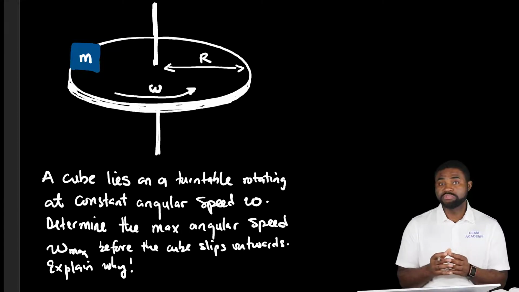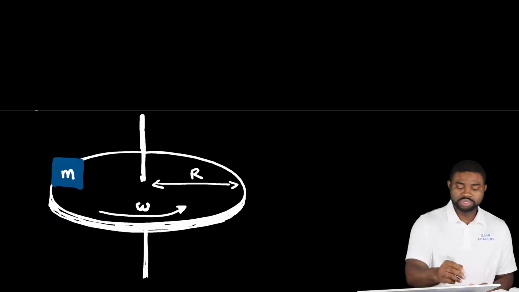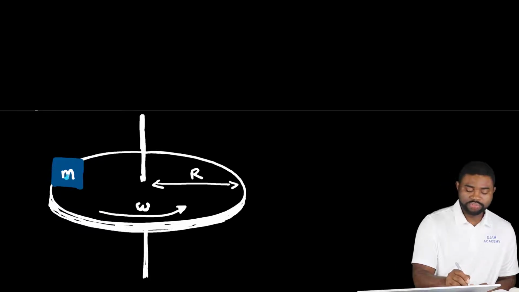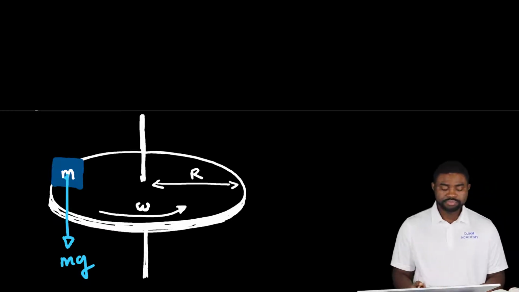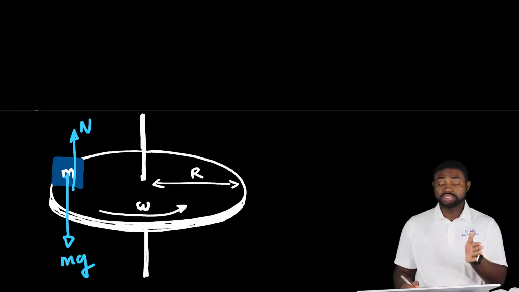So the question that should be in your mind is, what then provides the centripetal force in this particular instance? For you to see the answer to this question, let's start first by doing our free body diagram. The weight of the block is vertically downwards. There is a normal force acting upwards, and the block has a tendency to skid outwards.